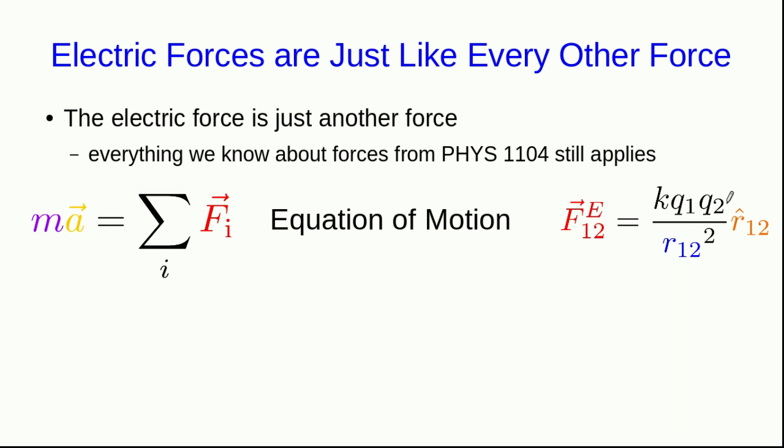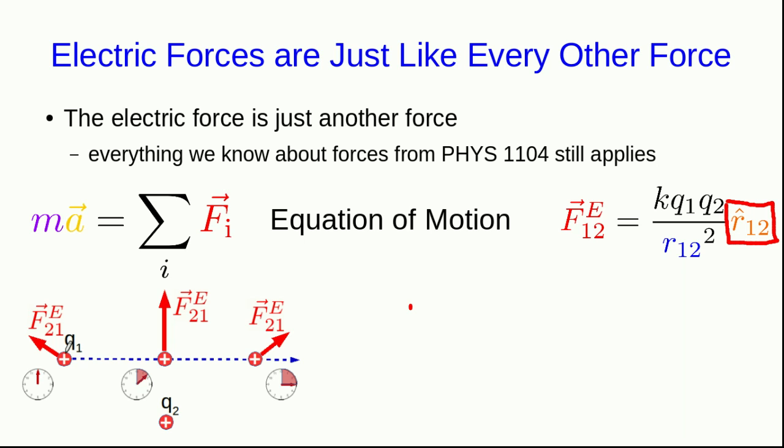The elephant in the room, though, is this r hat vector, and so let me just take a moment to explain why we need it. Think about a charge q1 being carried past this charge q2. I say carried past because it's being repelled by q2, and so if the electrical force due to q2 were the only thing acting on it, it would move in a curved path, something like this. So there must be some other forces acting on it here, but don't worry about that.